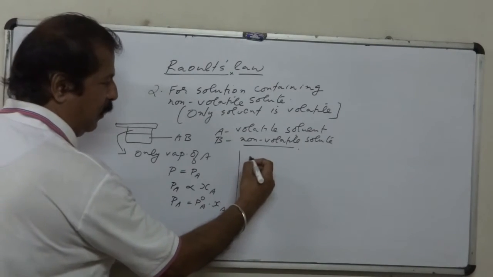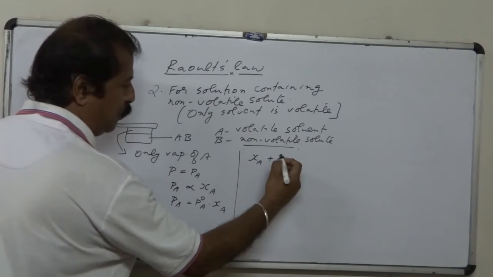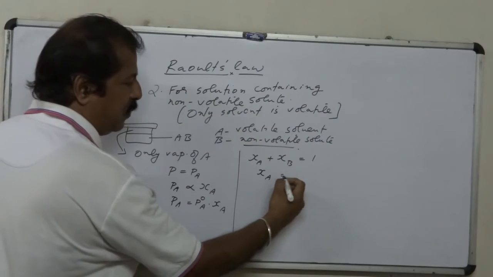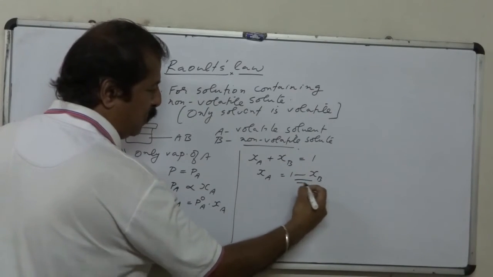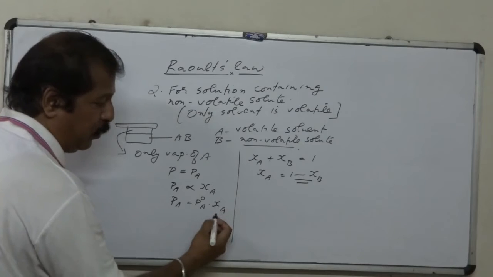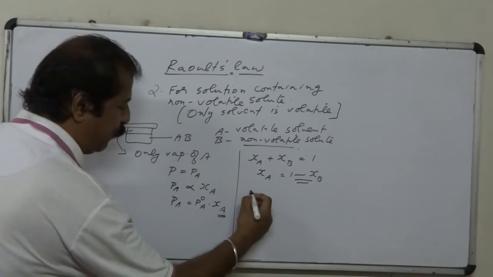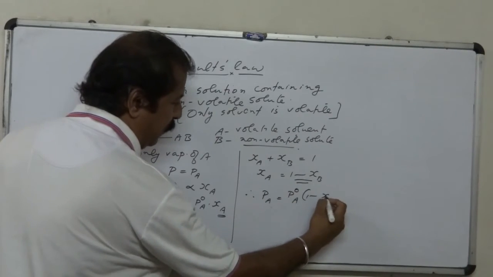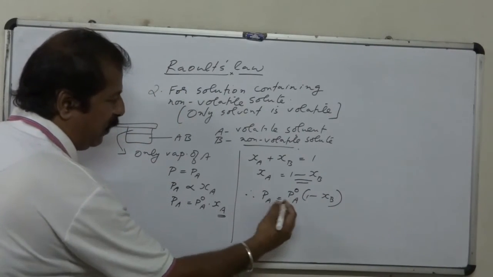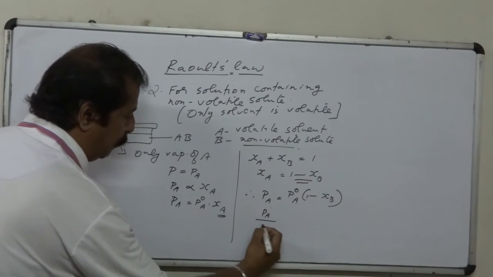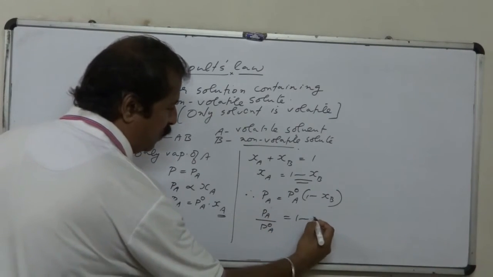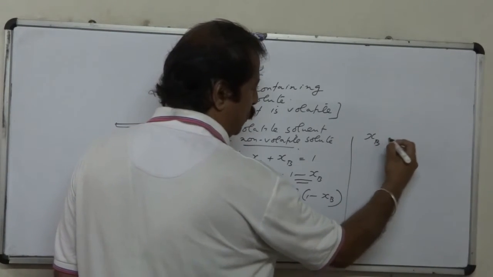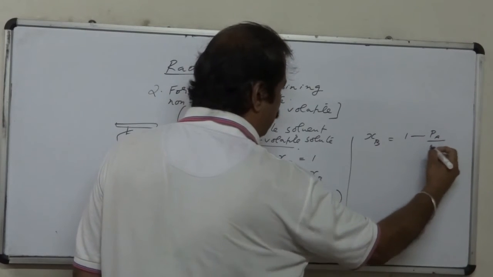But we know that chi A plus chi B is equal to 1. Then what is chi A? Chi A is equal to 1 minus chi B. Substitute this for chi A in P0A into chi A. Therefore, you can write PA is equal to P0A into 1 minus chi B. Rewriting, PA by P0A is equal to 1 minus chi B. Then chi B is equal to 1 minus PA by P0A.